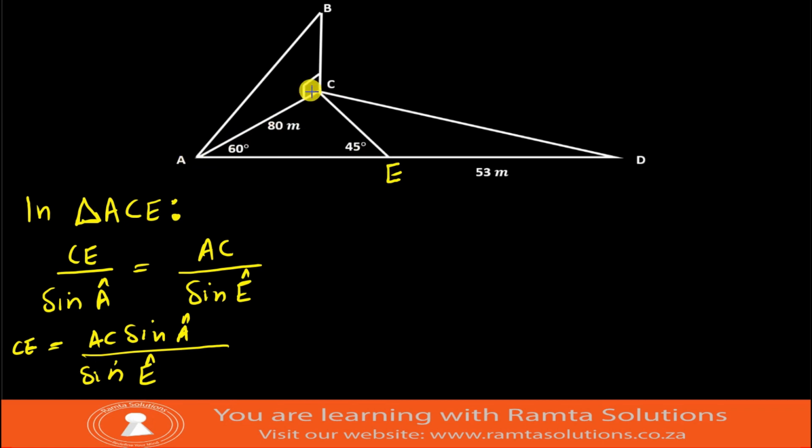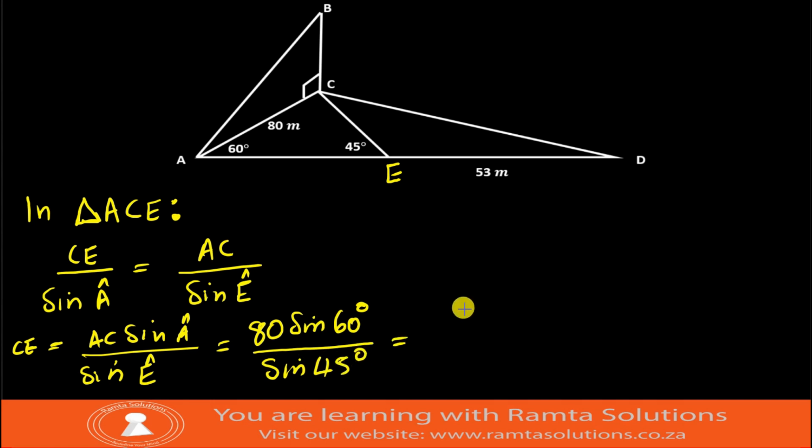So now let's get into it. What was AC? AC was 80 meters. Angle A was 60 degrees. Angle E was 45 degrees. Let's get our answer.